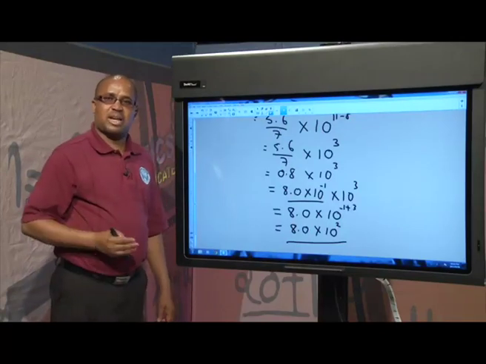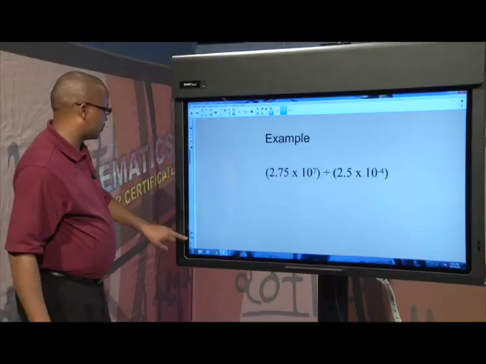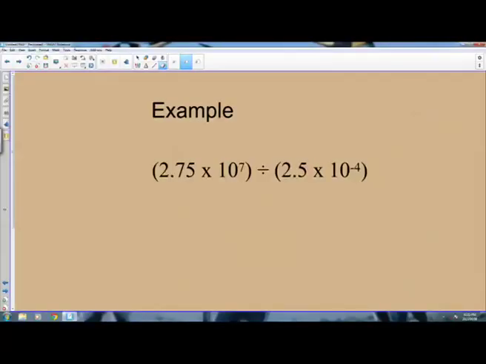We might as well look at another example to elaborate more on this. Another example is this: 2.75 times 10 to the power 7 divided by 2.5 times 10 to the power negative 4. This is in standard form. Also, this part is in standard form. So we need to work it out. We start by grouping the numbers.